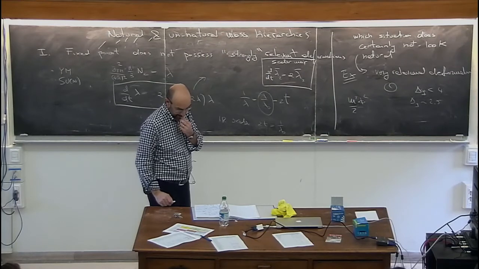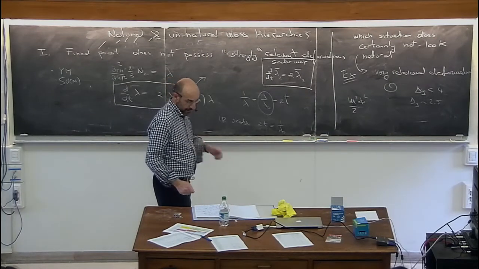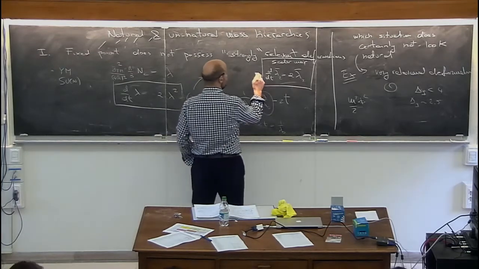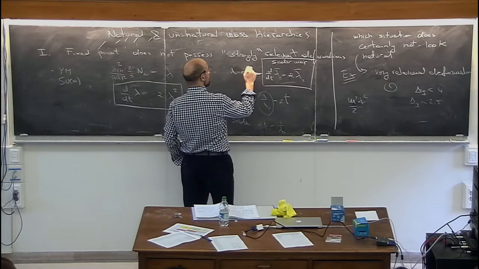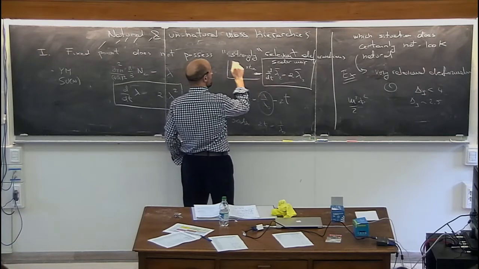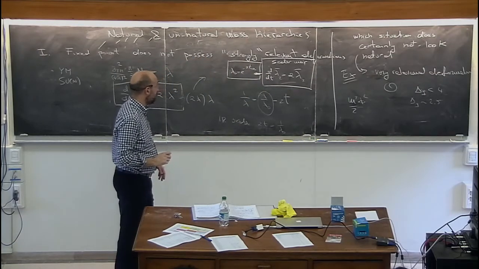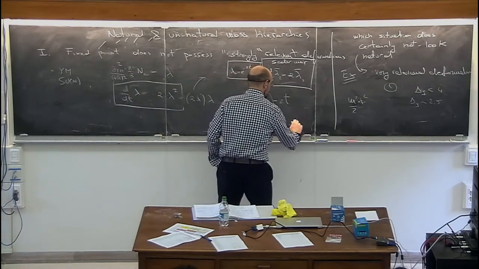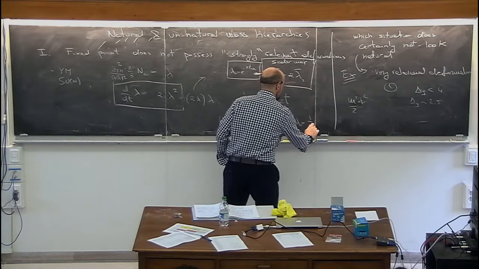Sorry, before that I need lambda 0. To get the hierarchy, lambda 0 equals e to the minus 2t IR, and from this equation lambda 0 is 1 over 2t IR.